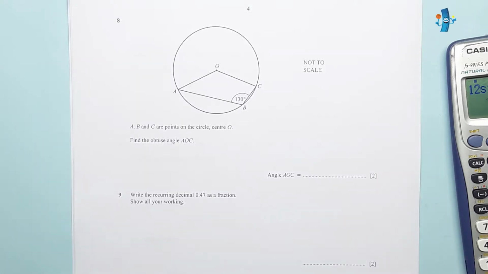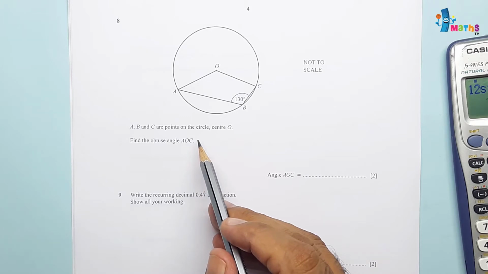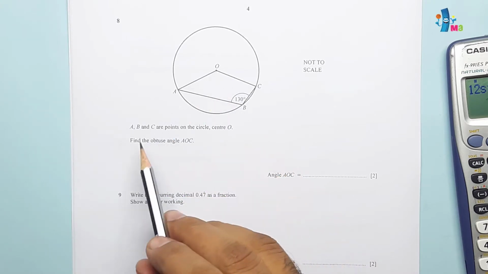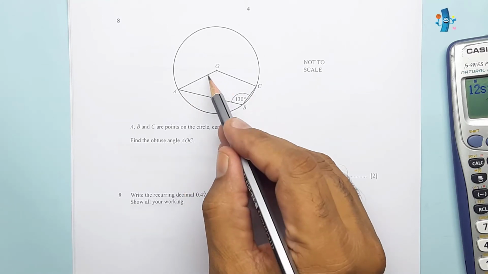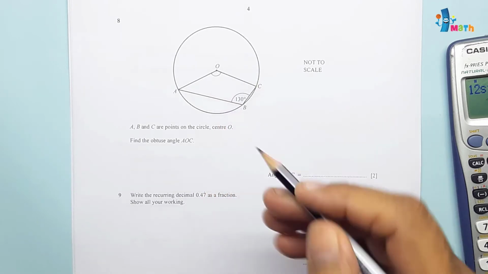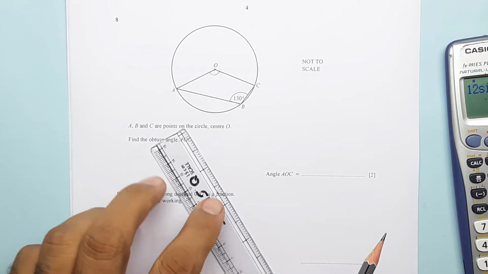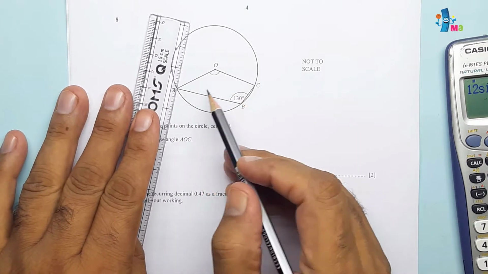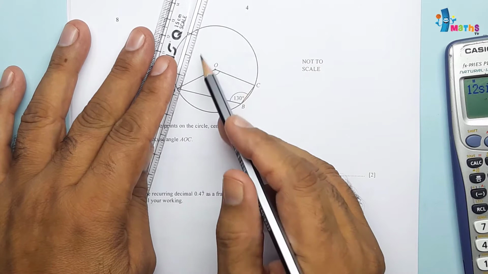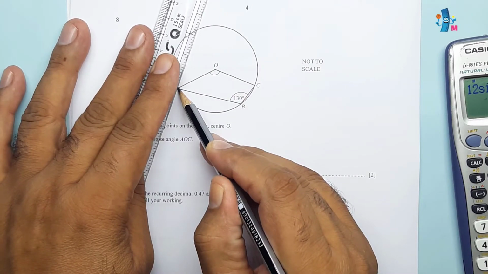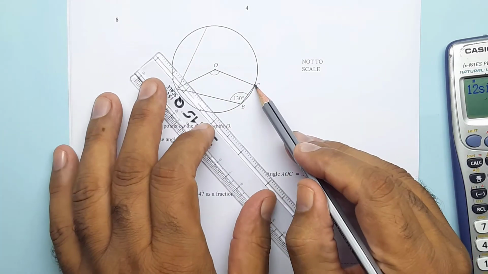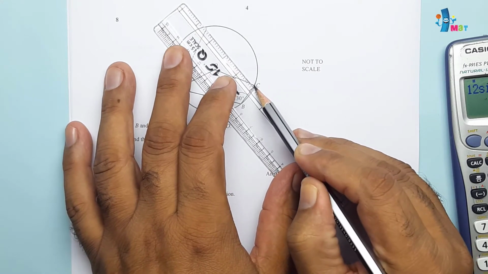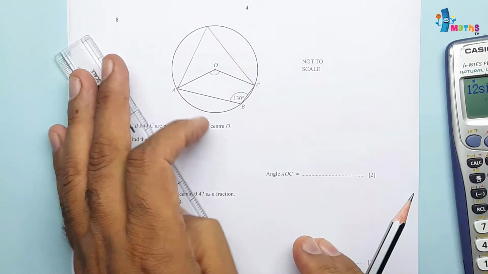Now question number 8, which is a circle theorem question. A, B, C are points on the circle, center O. Find the obtuse angle AOC. This angle we have to find. So what we will be doing, if we join anywhere at the circumference, I will join, for example, over here, and this side also, this is the extension which we are doing.